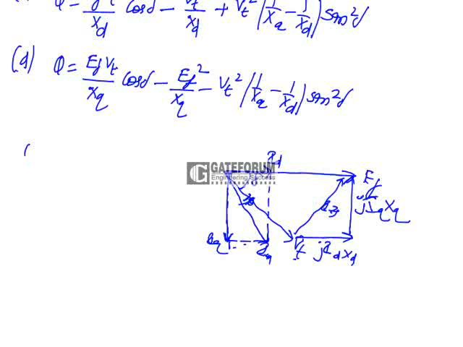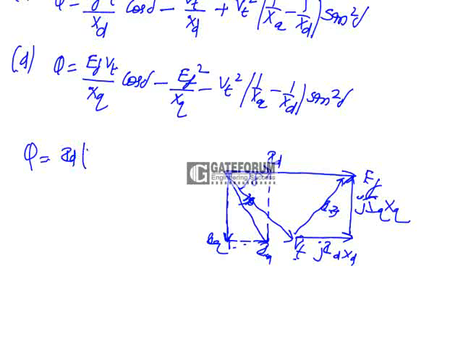Now, what is the reactive component Q? Reactive component Q is the current and voltage component in quadrature. To find active power, it should be current and voltage in the direct axis, whereas to find reactive power, it should be current and voltage in the quadrature axis. Now, what is current and voltage in quadrature axis?